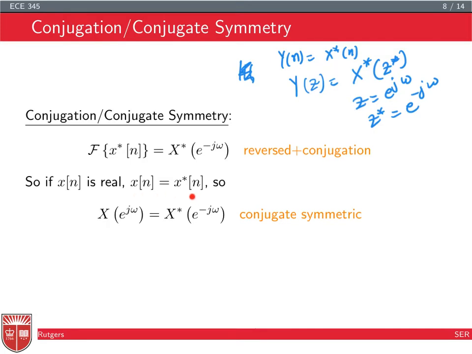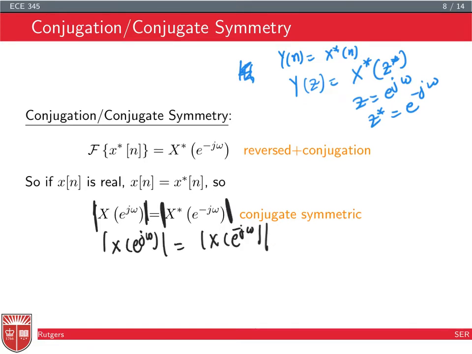Now, if x[n] is real, this means that x[n] is equal to x star [n], it's equal to its conjugate, and this means that X(e^{jω}) is equal to X star (e^{-jω}), because this part is the DTFT of this part, and this part is the DTFT of this part. So what does that mean? This means that if x[n] is real, and if I take the norm on both sides, the magnitude of X(e^{jω}) is equal to the magnitude of X(e^{-jω}).